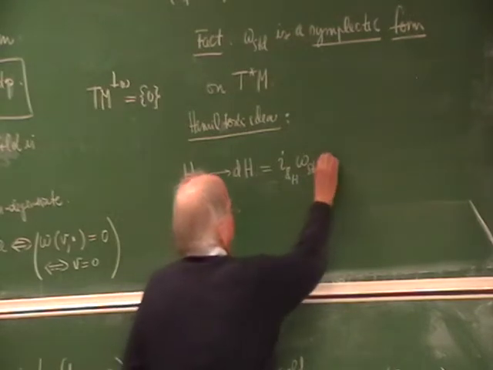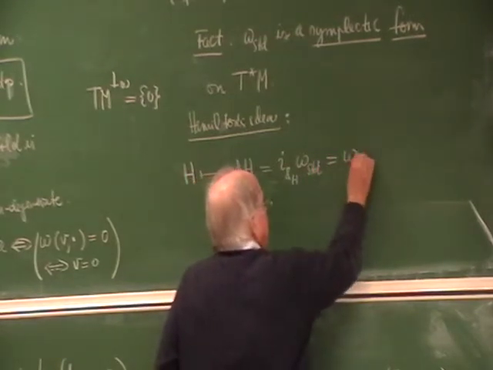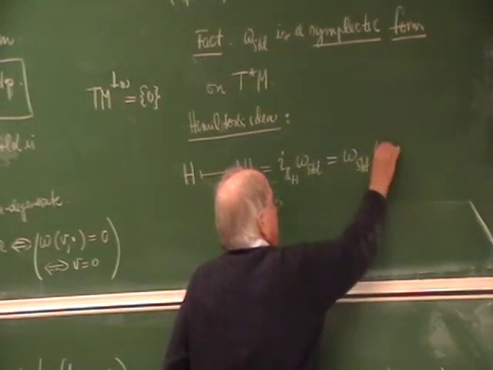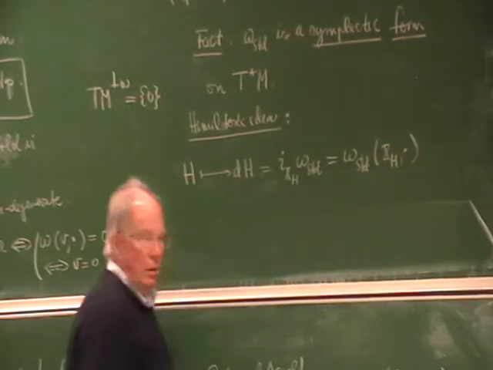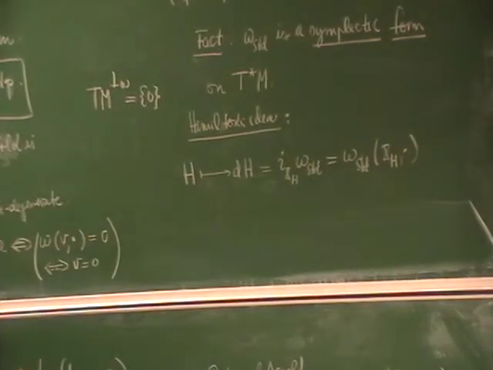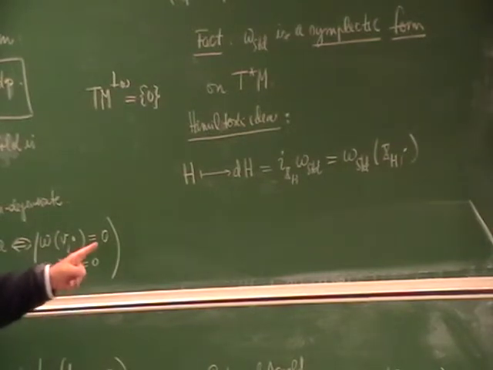Let me just write it out. It's this. You just put it in the first argument and you get a one form. And since this thing is non-degenerate, that's a really well-defined guy, right?